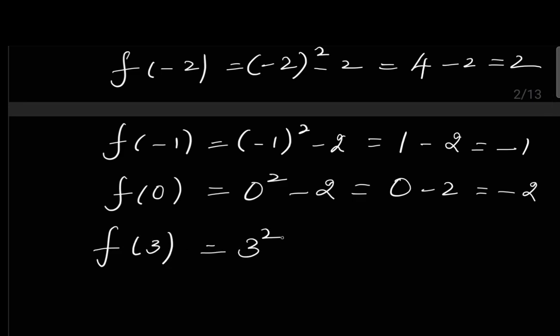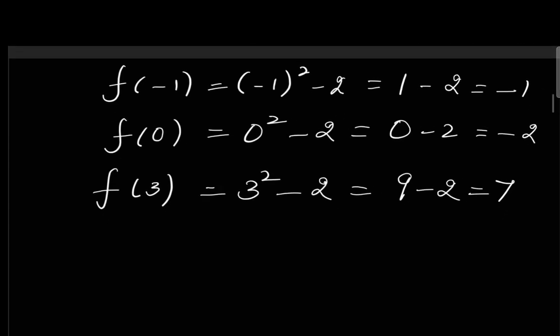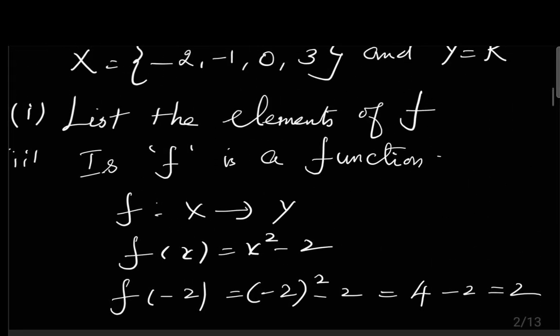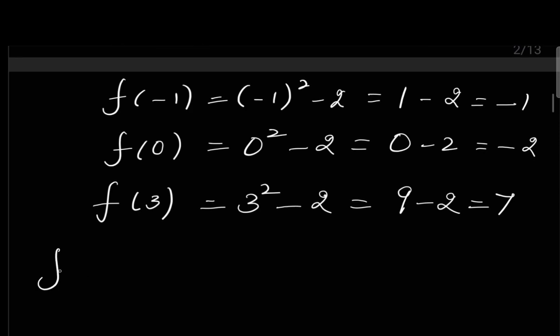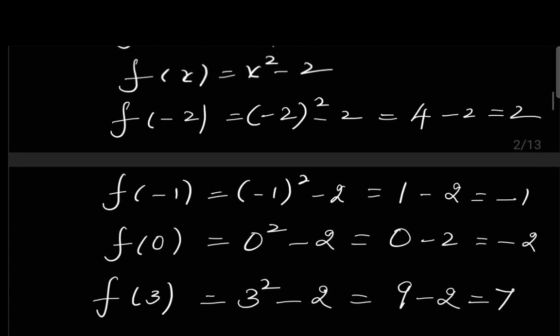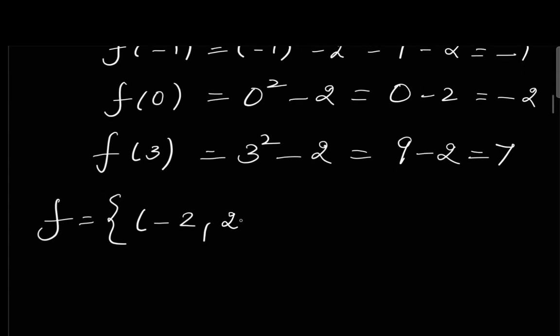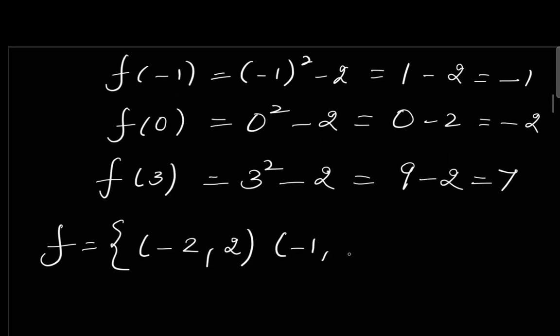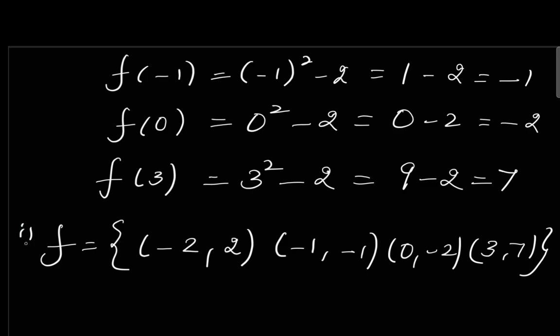That is 3 squared minus 2. 9 minus 2, that is equal to 7. So the elements of f are ordered pairs. When I substitute x as minus 2, I am getting the value 2. Then for minus 1, you are getting the image also minus 1. 0, minus 2. 3, 7. So this is the answer for the first question.